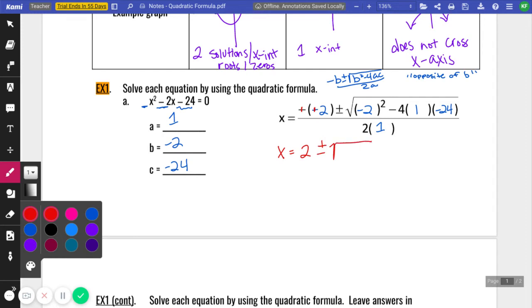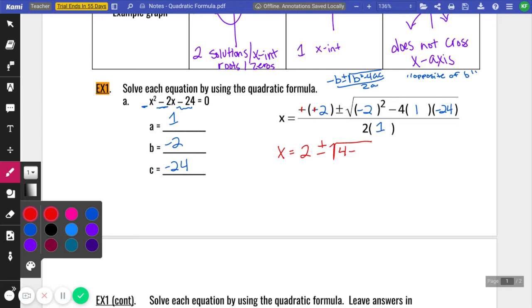If you had a calculator, we could do this on a calculator and it would be no big deal. But since we don't, we're going to work through this with mental math for the moment. So -2 squared would be +4. Remember to put the negative in parentheses, especially when you're squaring it.